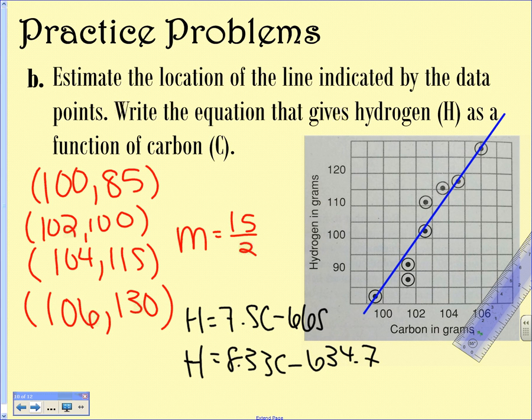Is our answer close enough? It really depends on the problem and what the numbers are. Because if they're really big numbers, then your answer may be off by a little bit. Because we're off by almost 30 or a little over 30. So on this one, the numbers are bigger, so that's okay. But if the scale was like 1, 2, 3, 4, and you're off by 30, you're not going to be right. So it just depends on the scale.